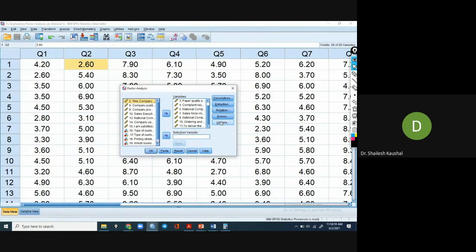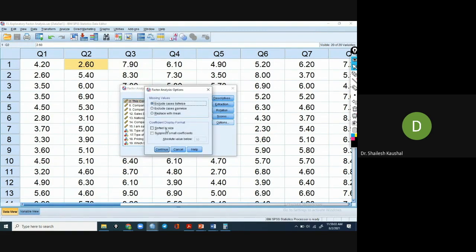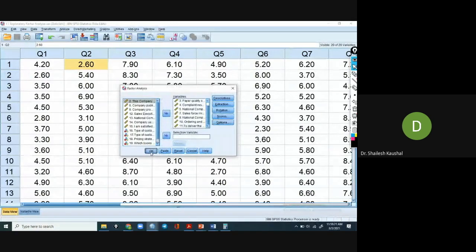Before performing this again, in the options, I select sorted by size and suppress small coefficients, with absolute value below 0.6. So I have typed 0.6, continue, and okay.